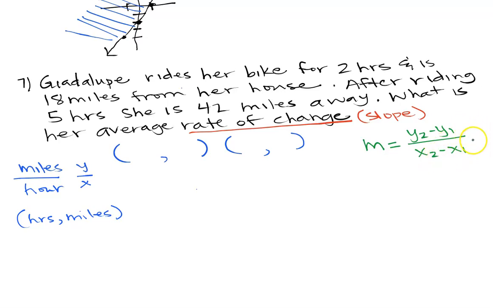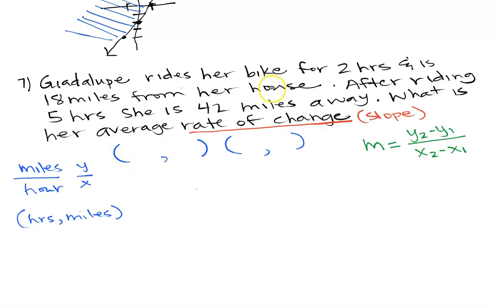You can't flip-flop these, otherwise your slope's going to be upside down, right? So y's need to be on top, x's need to be on bottom, because we're doing a rise over run. So our y's are what moves us up and down on our graph, and x's are what move us left and right. So remember that rise over run should help with it.